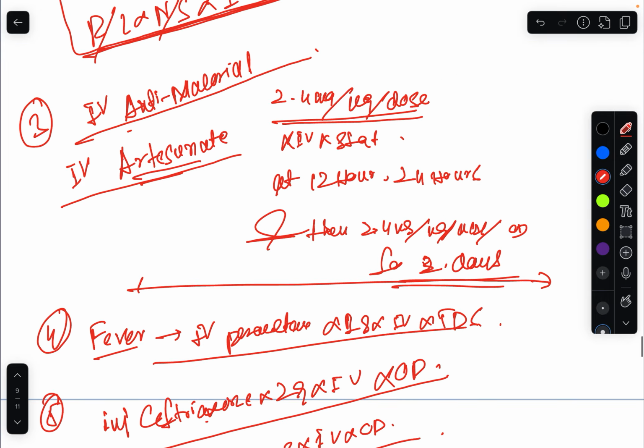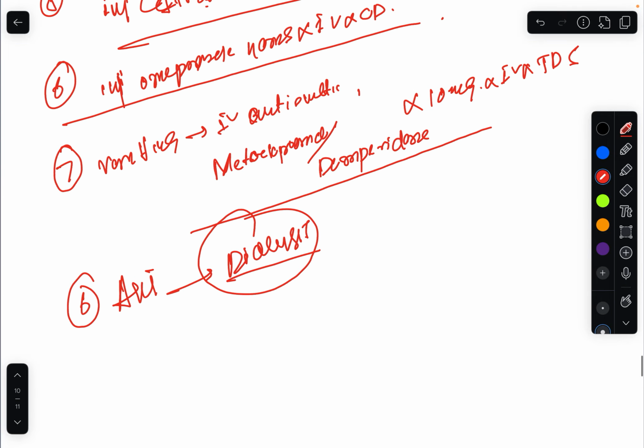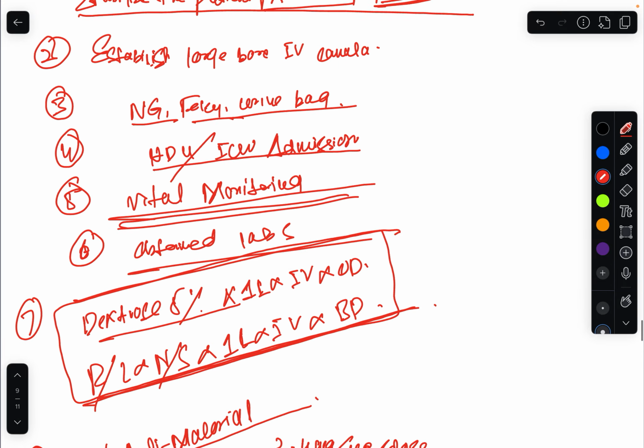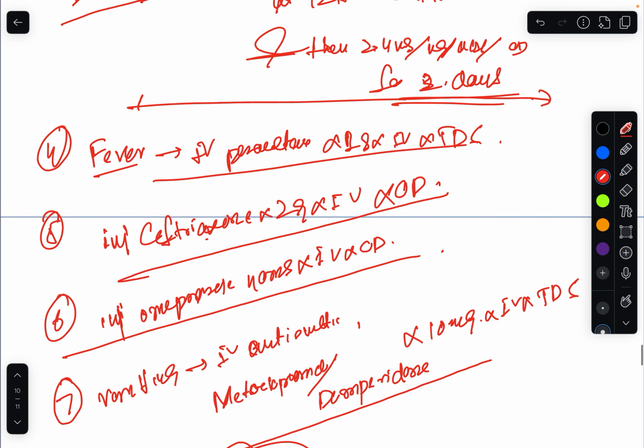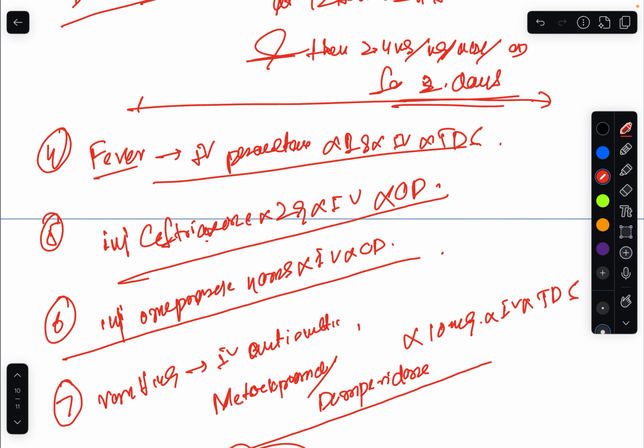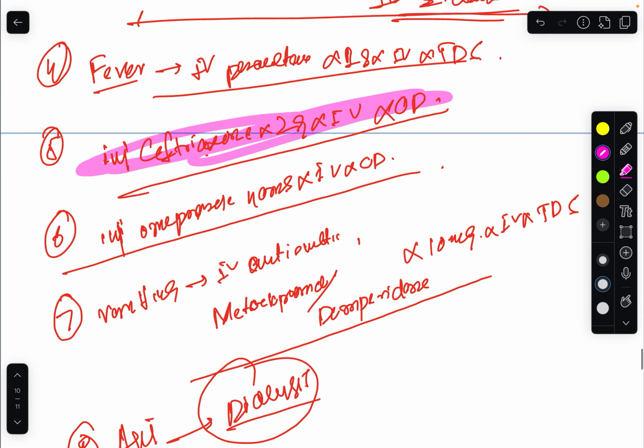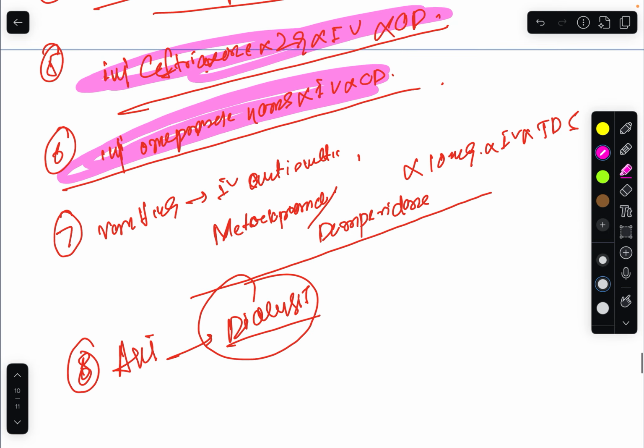So this is how we manage severe malaria. These are the general management, because there are multiple severe organ system dysfunctions, so we will manage each complication. For example, if the patient is having fever, we will manage fever. If the patient has secondary bacterial infection, we will give antibiotic. If the patient is admitted in the ICU, there is risk of stress induced gastric ulcer, so we can give IV gastroprotective.